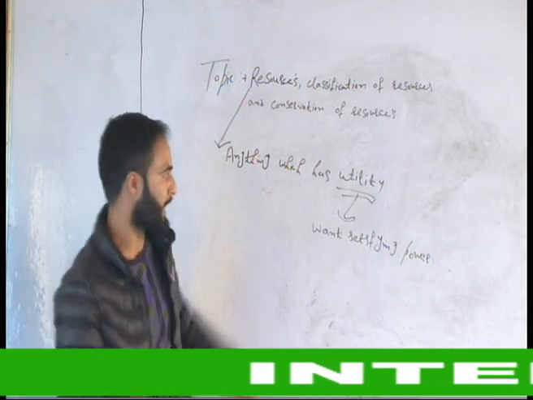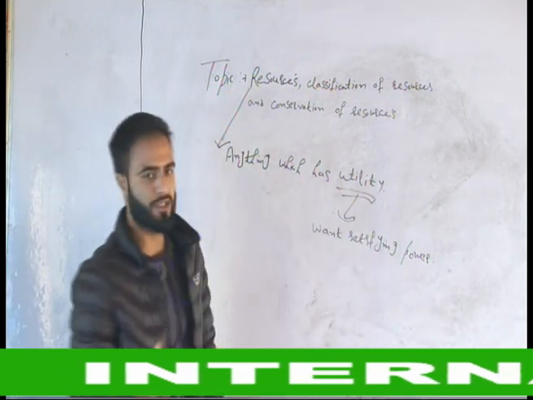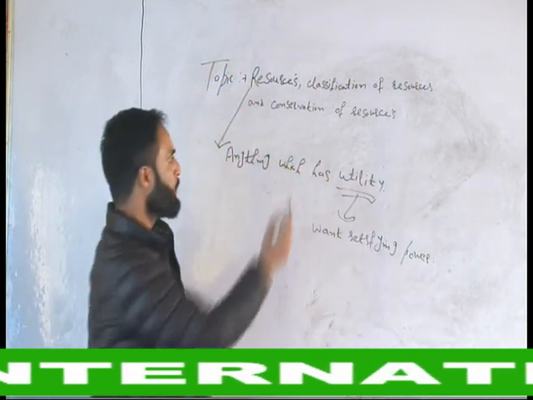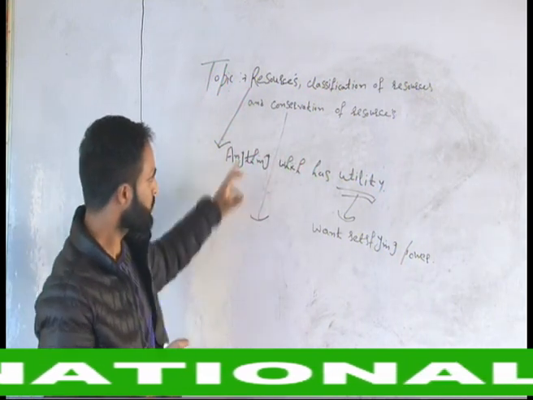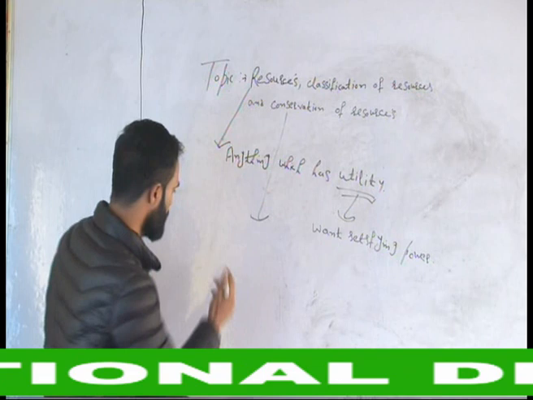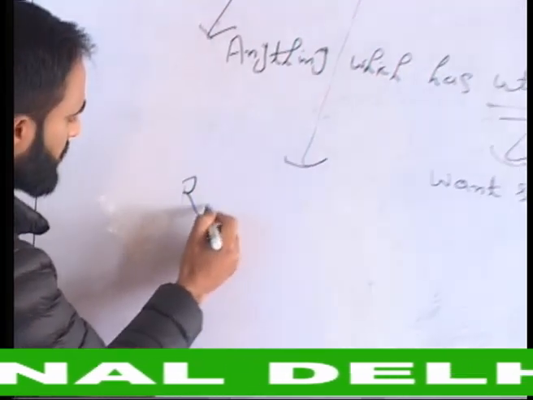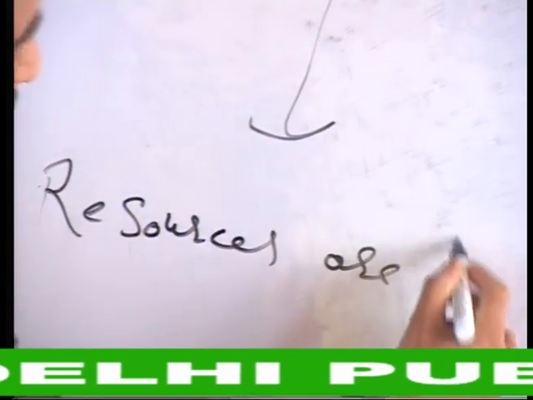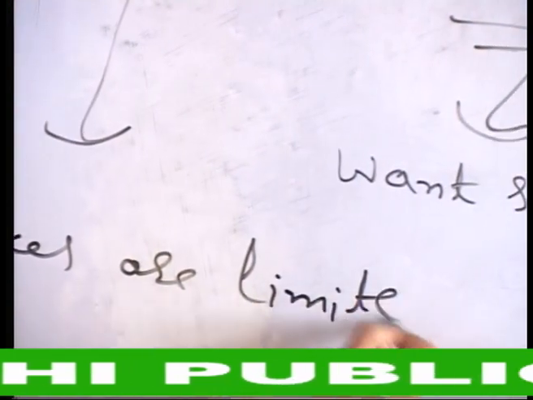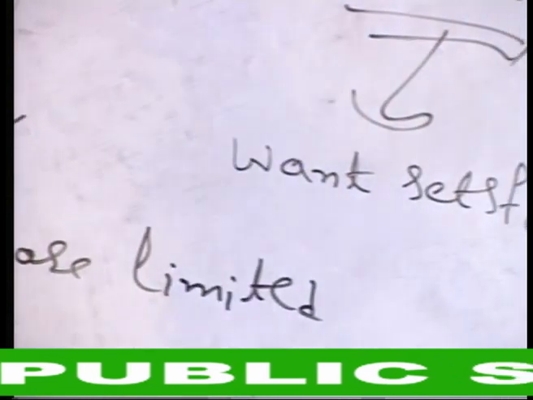Now what is conservation of resource? Where do we need it? Here is the point: resources are limited, but our wants are unlimited.